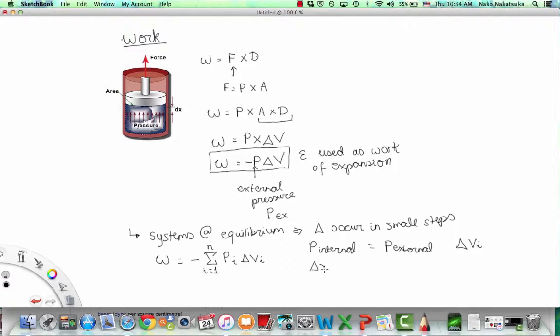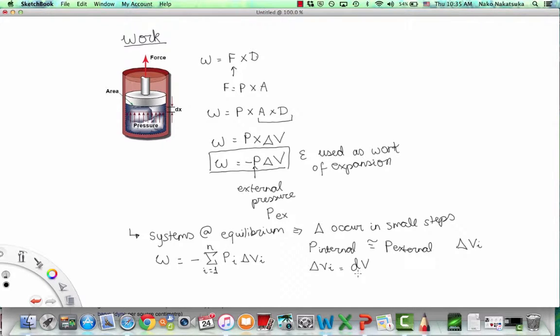So delta Vi is actually dV, since it's such a small change when it's at an equilibrium. So when P internal is approximately equal to P external, delta Vi, or the change in the volume inside of this container, is going to be written as a derivative.